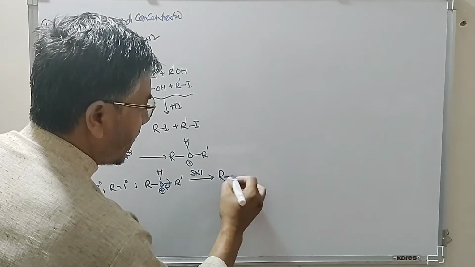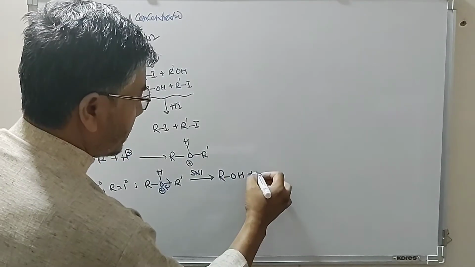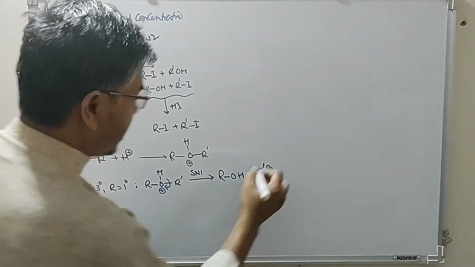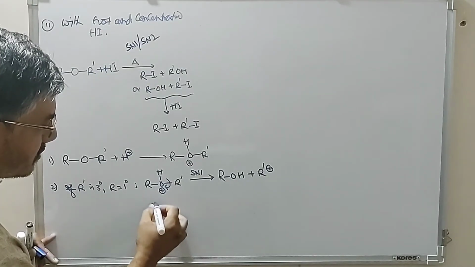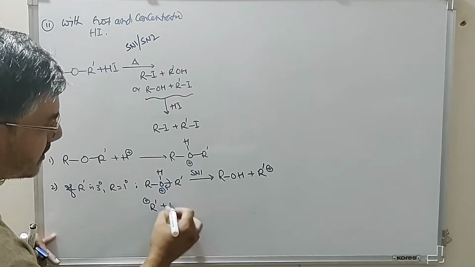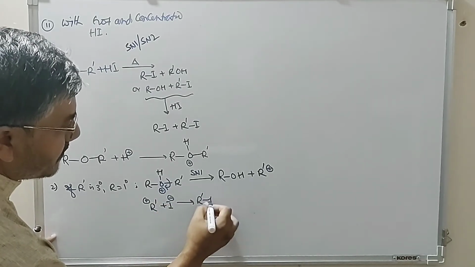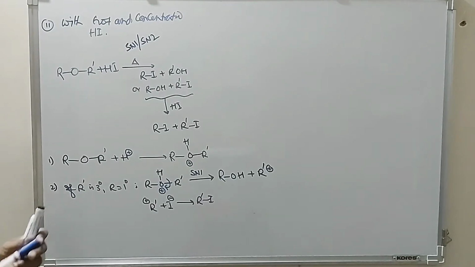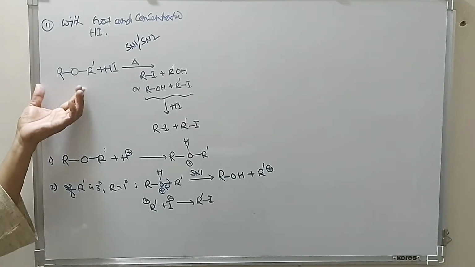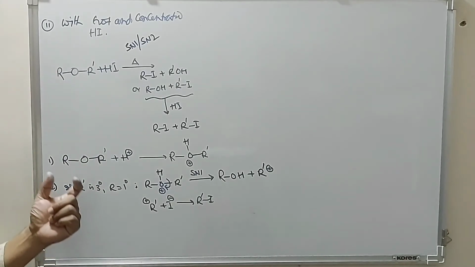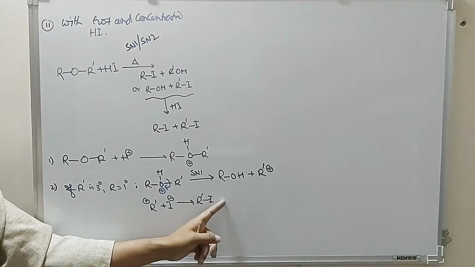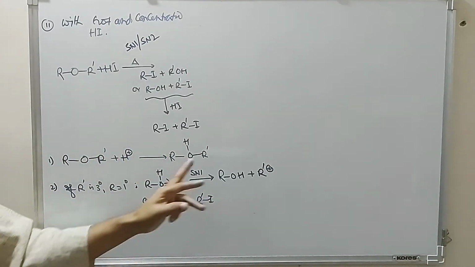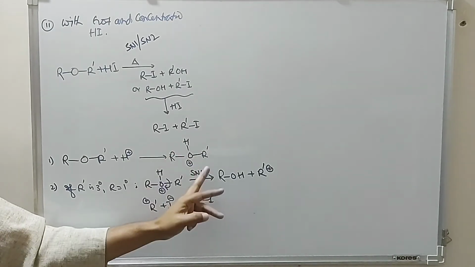So we have ROH plus R prime plus, and this R prime plus will combine with I minus to give you R prime I. That means if we have a combination of primary and tertiary alkyl groups in this ether, then on reaction with HI followed by heating, taking only one equivalent, the iodide will come from the tertiary and the alcohol will come from the primary, and the reaction will be via SN1.